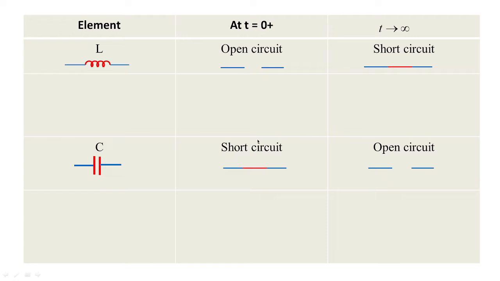Now this is quite different when you take the charged inductor and charged capacitor. For instance, when you have a charged inductor, the open circuit of this inductor will be replaced by a current source. Means the inductor is charged and it is acting as a current source at t equal to 0 plus, that is when the switch is closed.